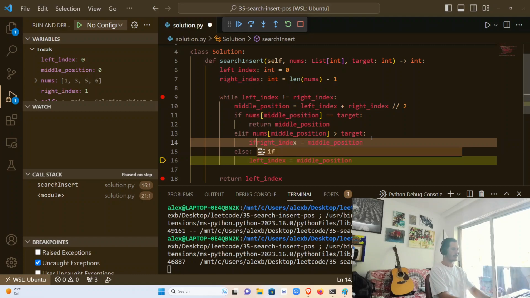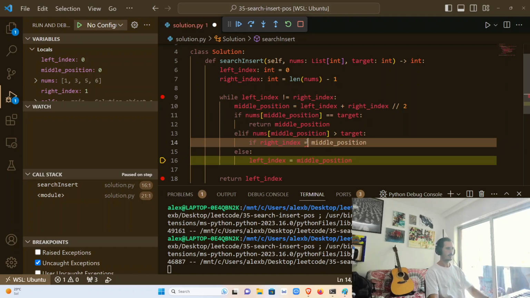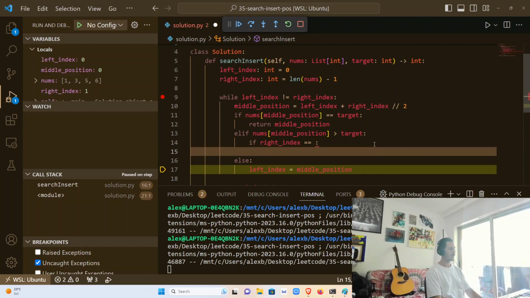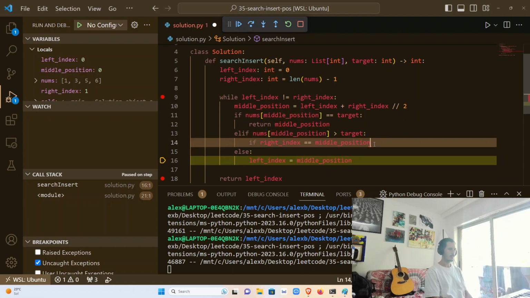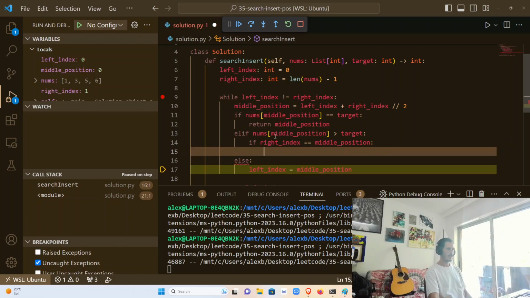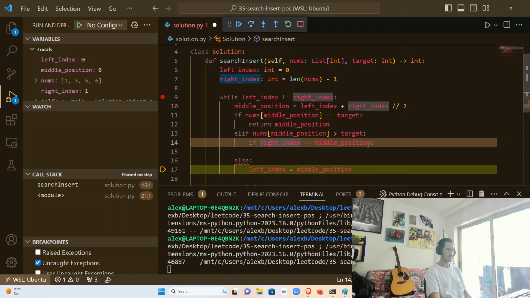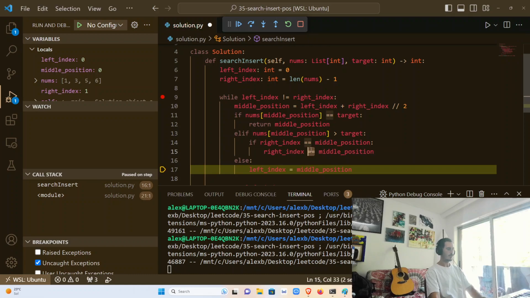So right index equals middle position minus 1.